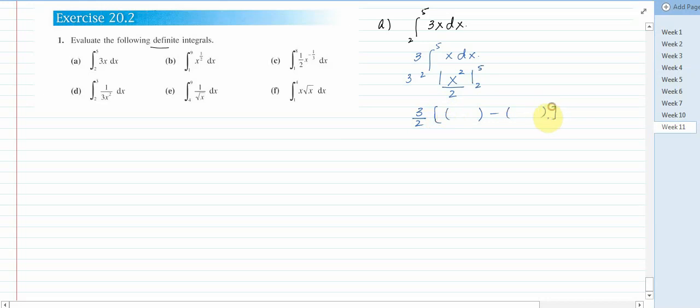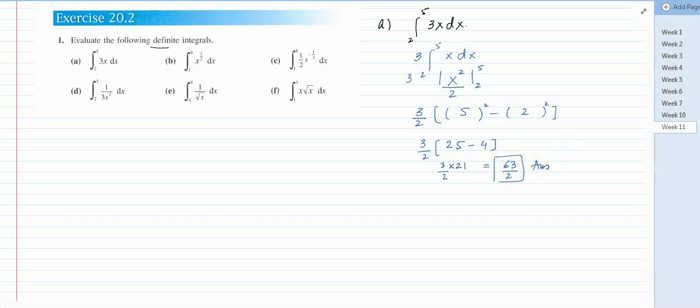The upper limit is 5 and the lower limit is 2. So it's 3 divided by 2 times 5 square, which is 25, minus 2 square, which is 4. 25 minus 4 is 21, times 3 divided by 2. So 3 times 21 is 63, divided by 2. That is your answer for part A.